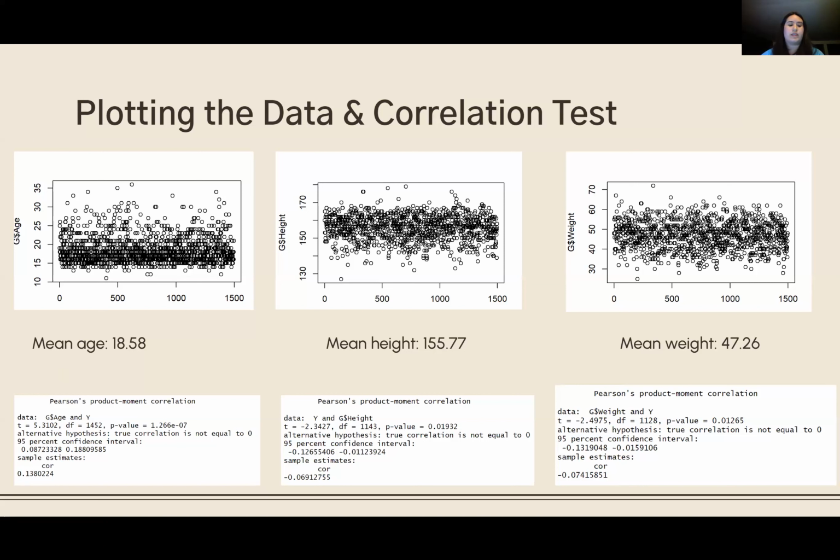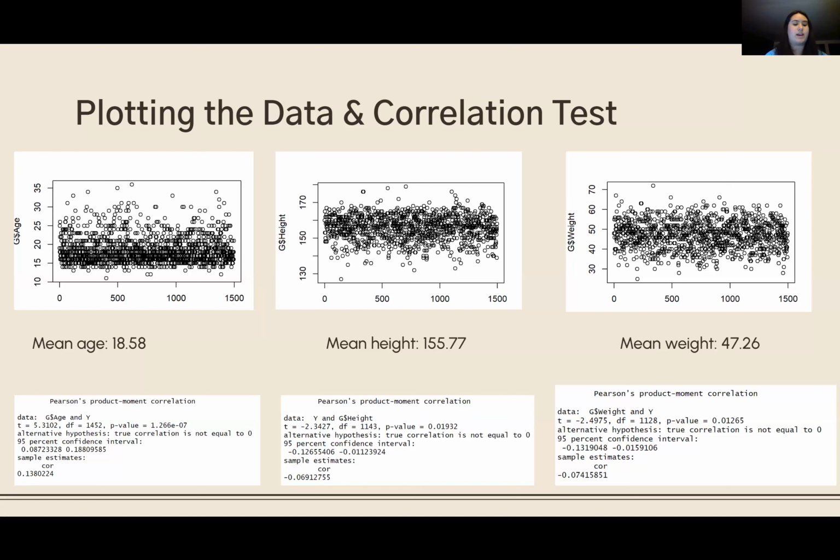And then I also did a correlation test just to see how these variables correlate with the medals that they won. So I chose the letter Y to input my data in, where 0 equals NA and 1 equals the medal that they won. So when I compared these variables to the Y variable, I found that the age correlation was close to 0.